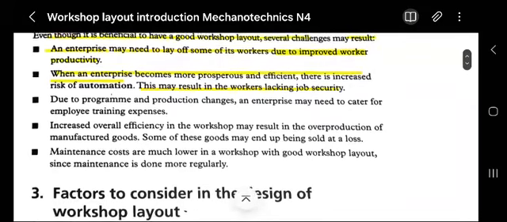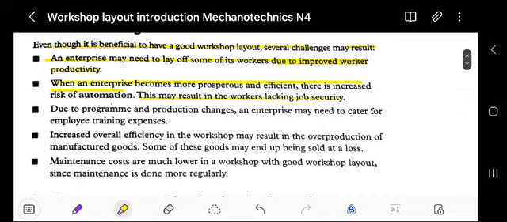So this is a nice point also. Due to program and production changes, an enterprise may need to cater for employee training expenses. So yes, these are disadvantages. Since this is improved, you need to train more. If you want improvement, you must train.